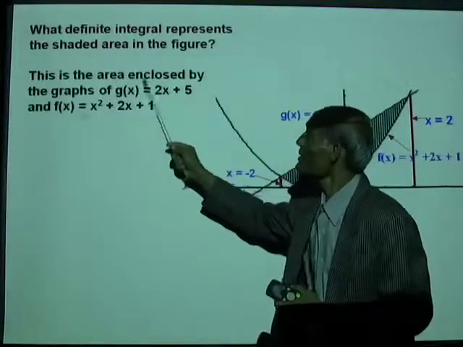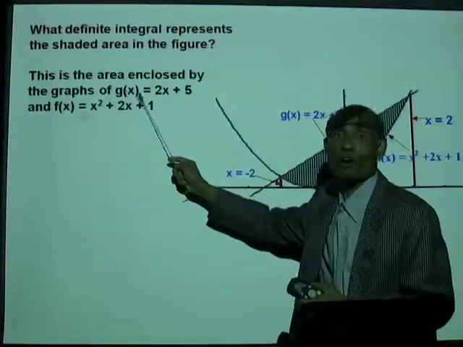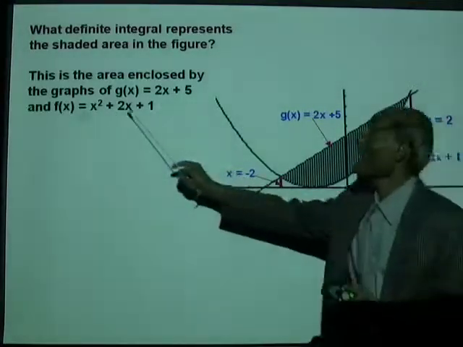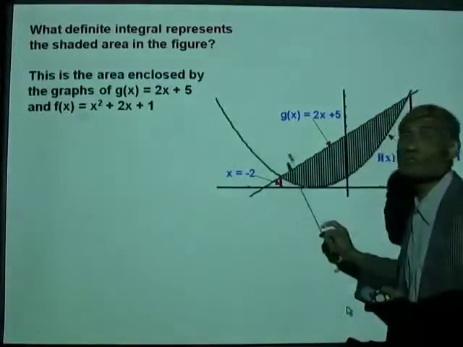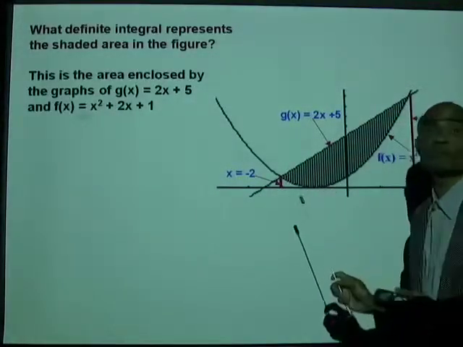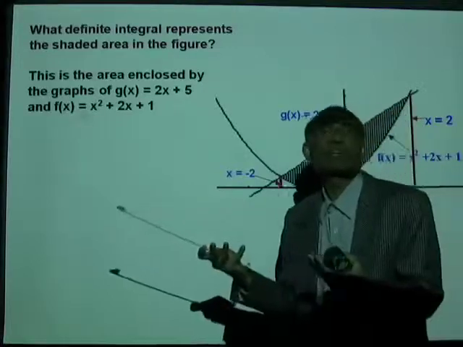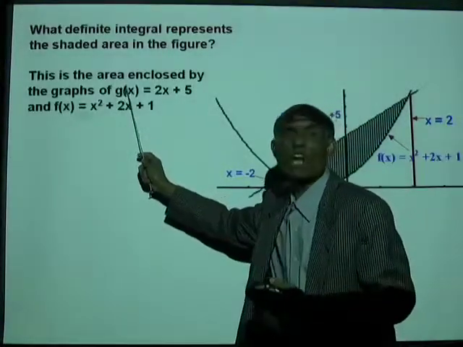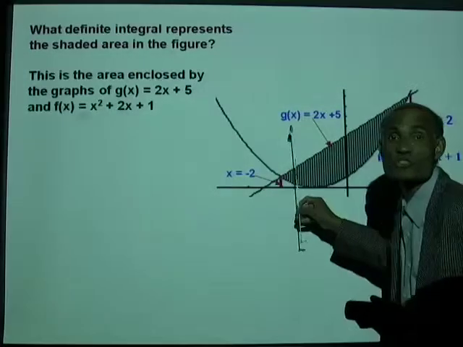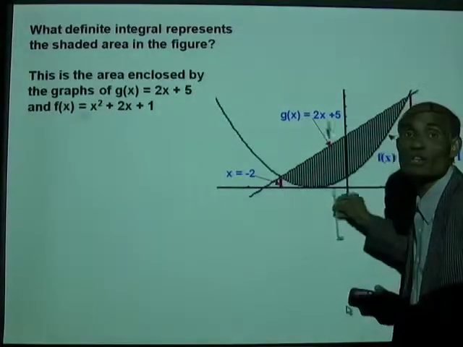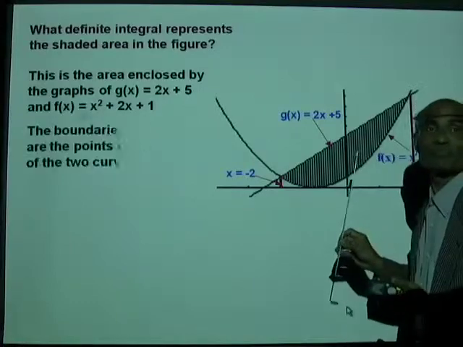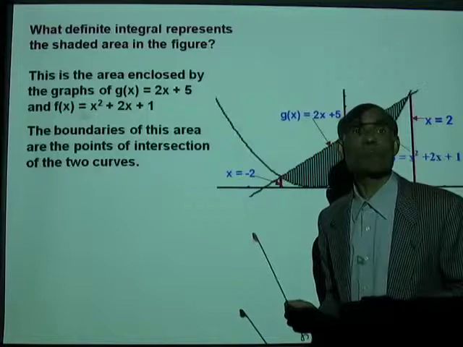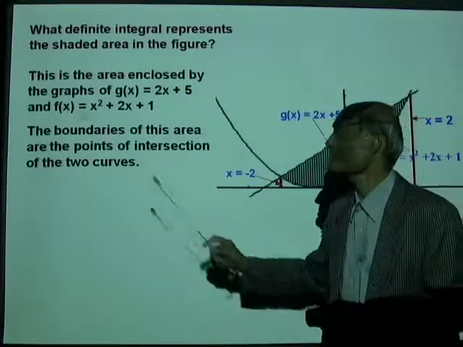So, this is the area enclosed by the graph of g of x equal to 2x plus 5 and f of x equal to x squared plus 2x plus 1. In fact, I don't even need to mention the limits because the area enclosed by these two graphs exists only between these two x values. So, the boundaries of this area are the points of intersection of the two curves.